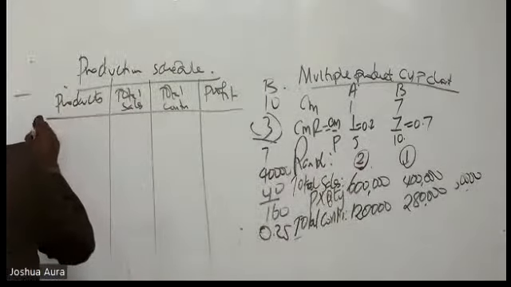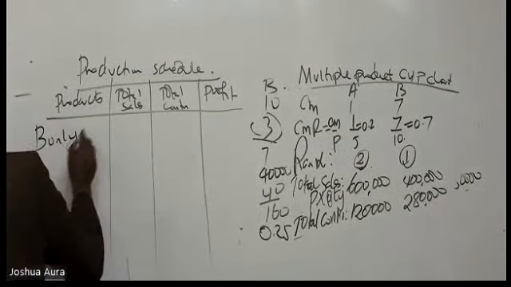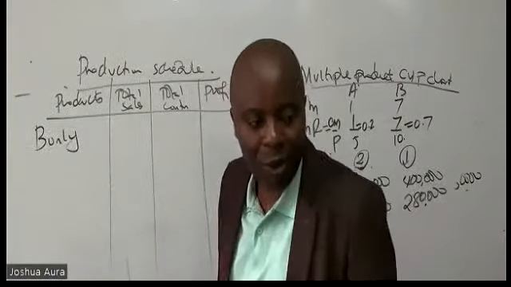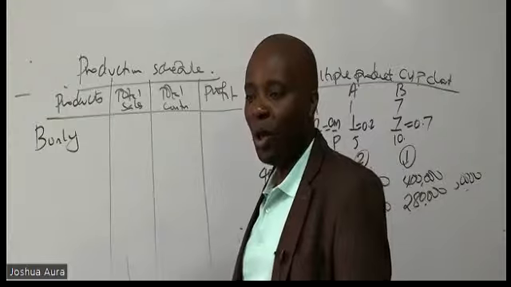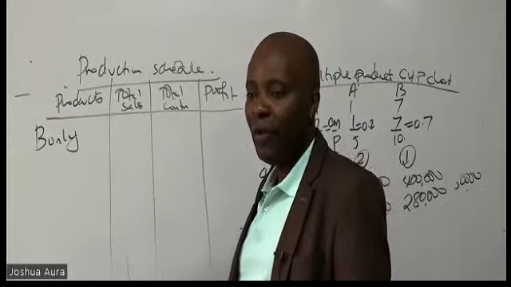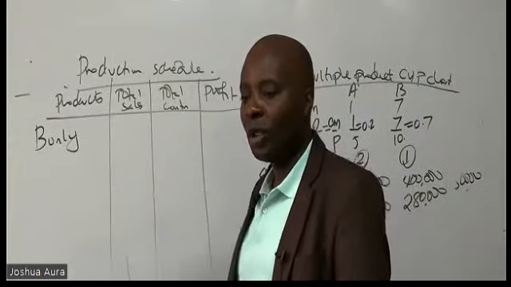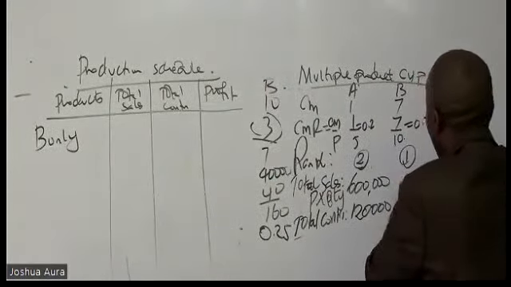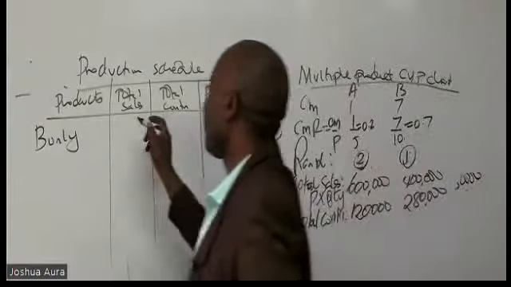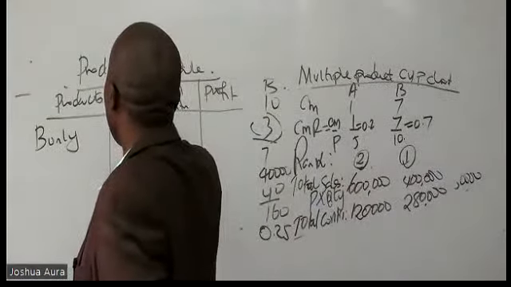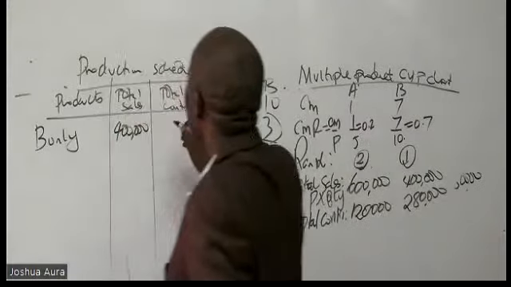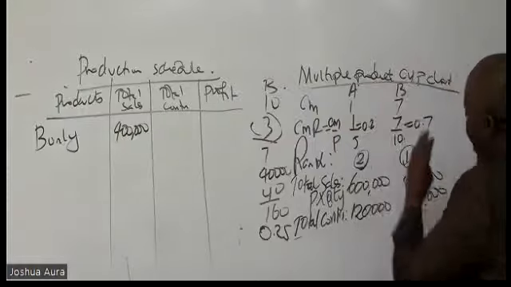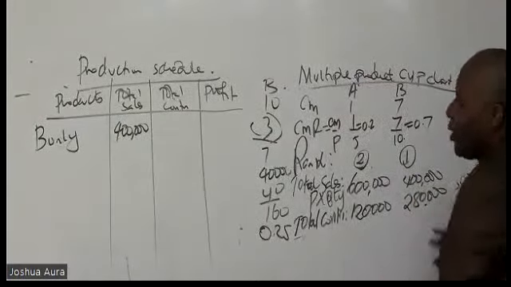If I'm producing B only, the total sales is given here, 400,000. If I'm producing B only, the total contribution will be given by this, 280,000.